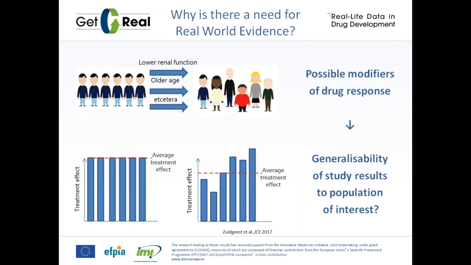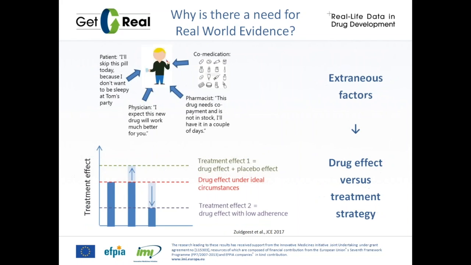And in order to translate what is being found in clinical trials to patient populations that you care for as a physician or as a country with confidence, it is important to have data generated from trials that are as close as possible to what the real-world application is. Because as you see on this slide, patients outside trials may be different from patients inside trials.